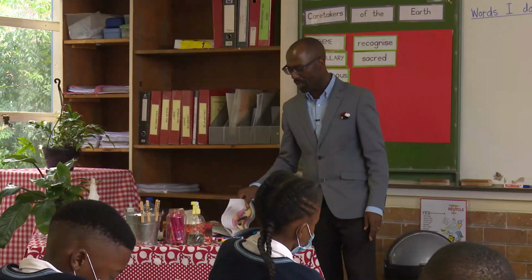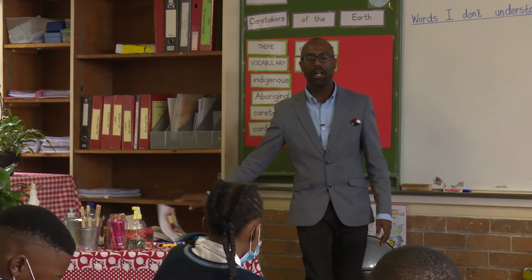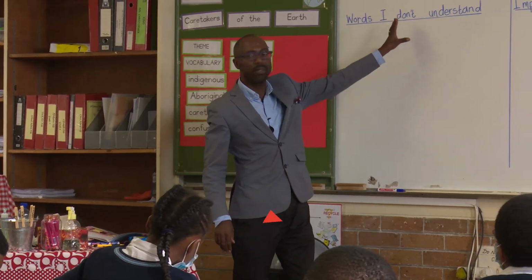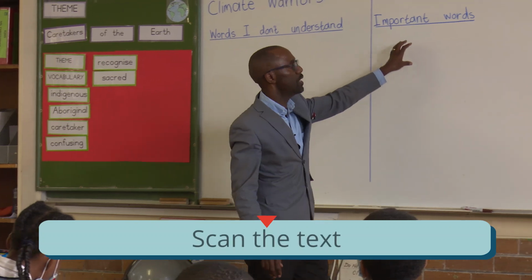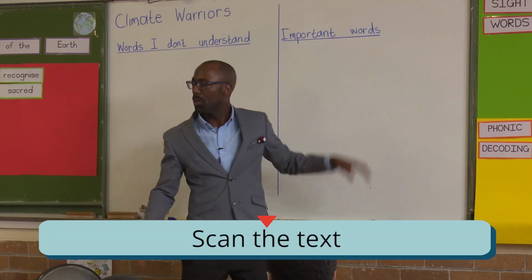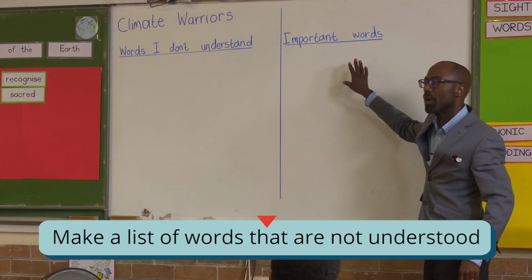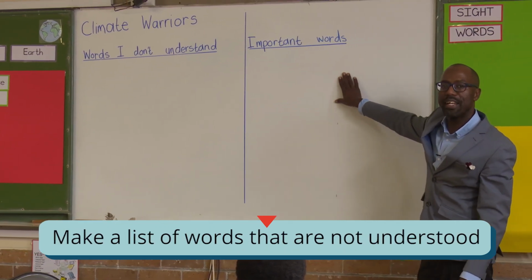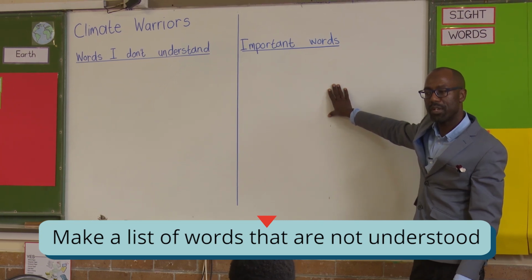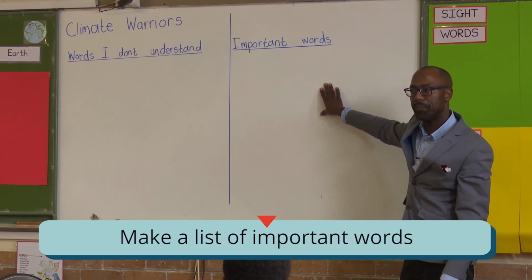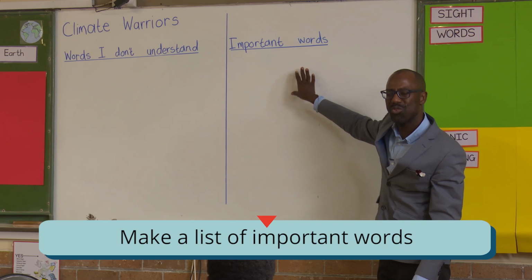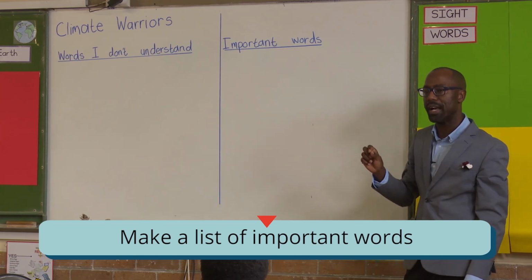I want you to do a quick scan of the story. As you do a quick scan, guys, I want you to write in your notebook, which you have divided into these words I don't understand and important words. But I want you to focus on words you think are important as you are reading that story. Are we clear? As you quickly scan, you are not reading entirely. Just quickly scan.